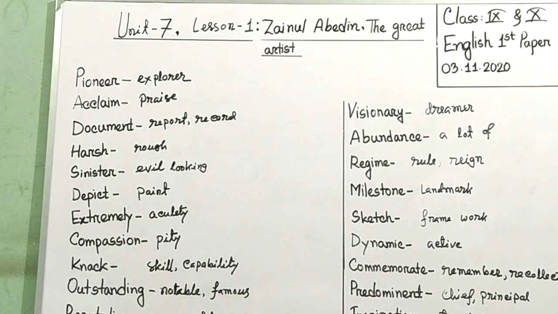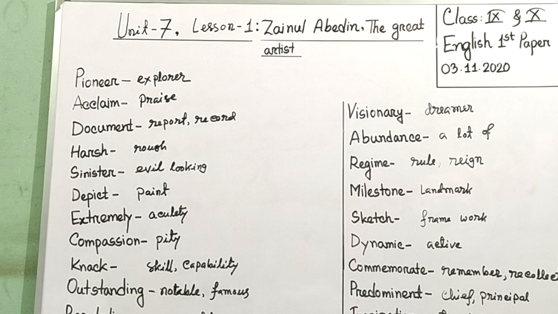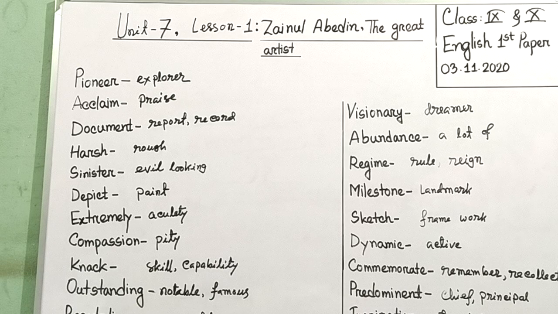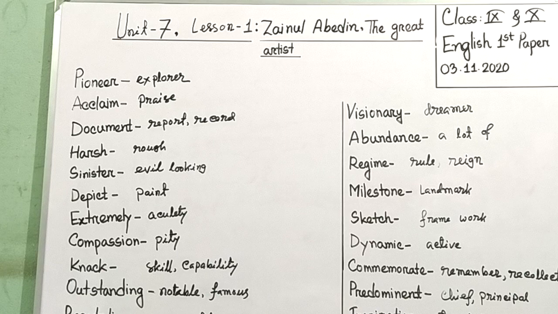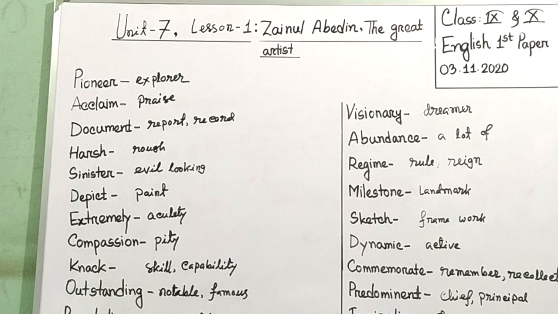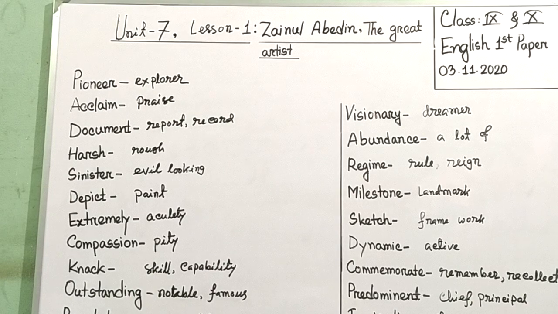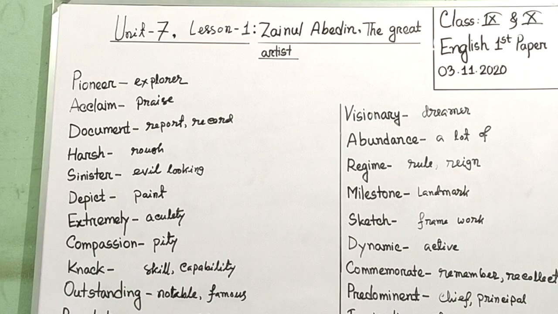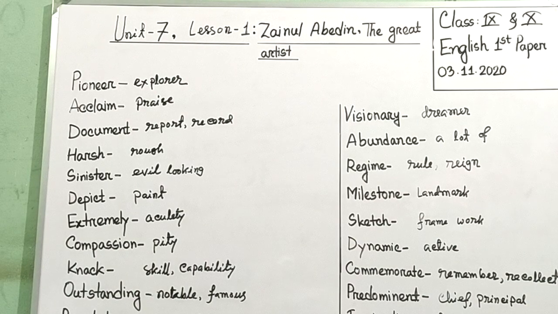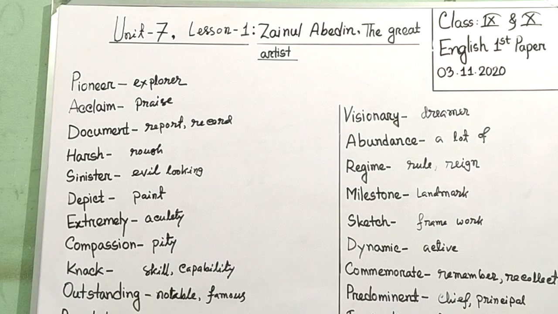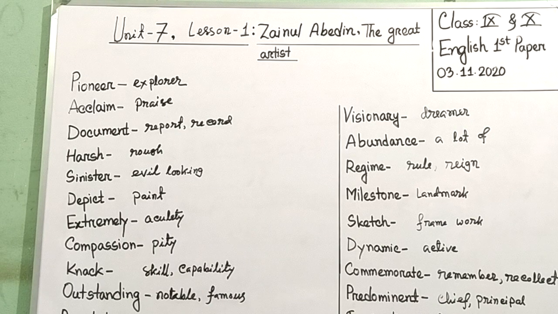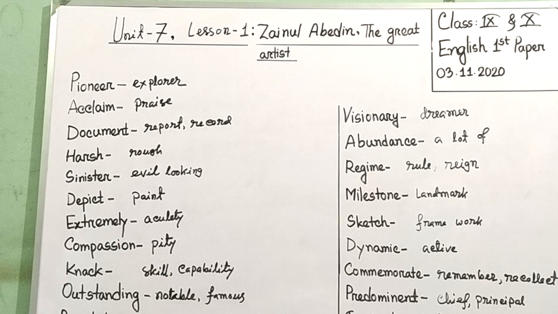Pioneer means explorer. Acclaim means praise. Document means report or record. Harsh means rough. Sinister means evil looking. Depict means paint. Extremely means acutely or severely. Compassion means pity, kindness, etc. Knack means skill or capability.